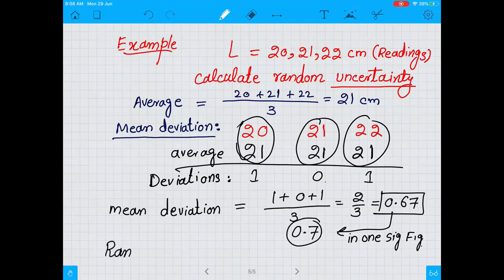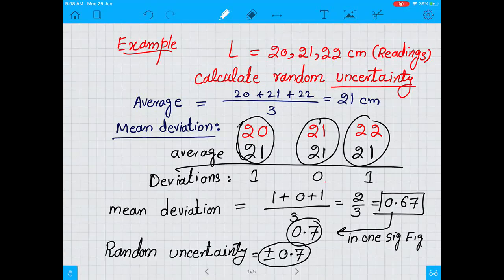Now the random uncertainty in the given experiment is equal to plus minus 0.7. So basically, calculate the average, calculate the differences of individual readings with the average, that is called deviations.